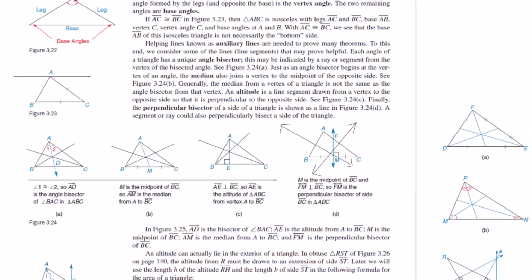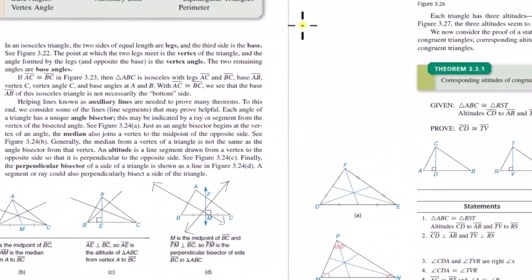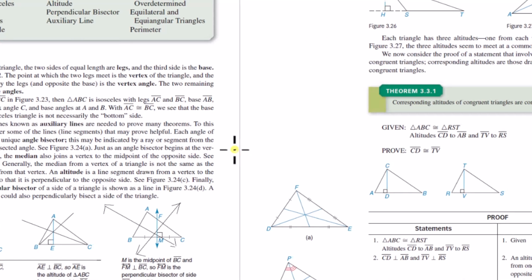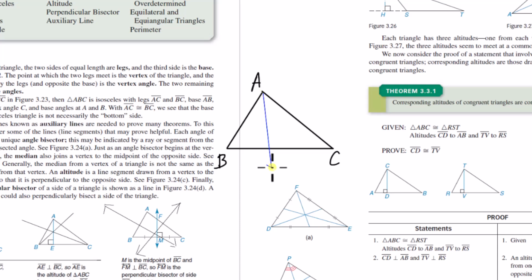Okay, now just to further illustrate that these lines are unique, we can draw a triangle over here. So in general, coming from vertex A, we would have an angle bisector. You could do an angle bisector coming from each angle.